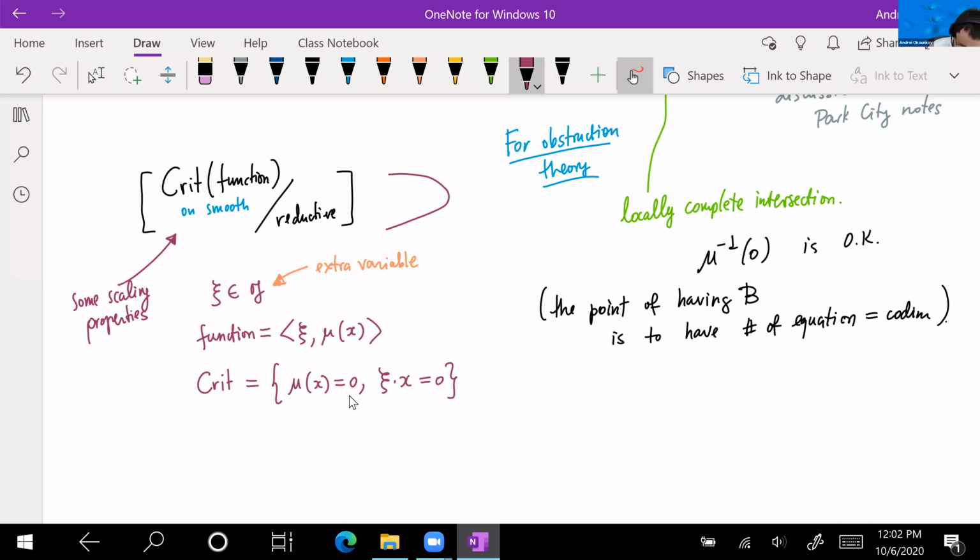And then for Nakajima varieties, these two conditions plus stability imply, in fact, that mu is 0 and psi is 0. So you introduce that extra variable and you get back.